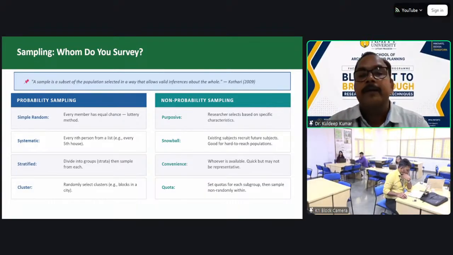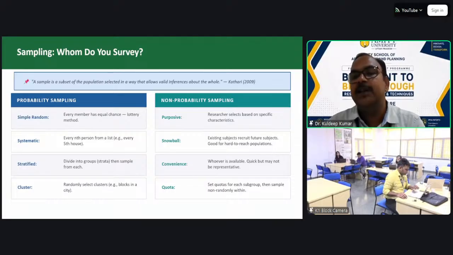Sampling methods fall into two families: probability sample and non-probability sample. In probability sampling, every member of the population has a known non-zero probability of being selected. This allows the researcher to make statistically valid inferences.